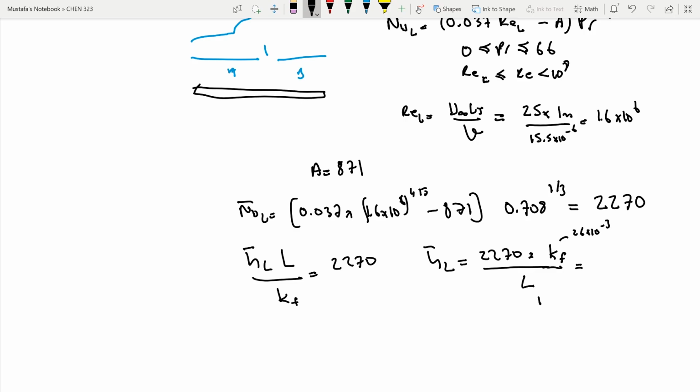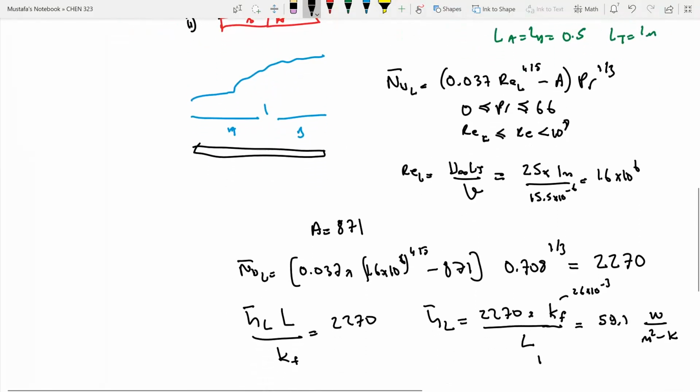So we have 59.1 watt per meter squared per Kelvin. This is the average convective heat transfer coefficient for case 1.